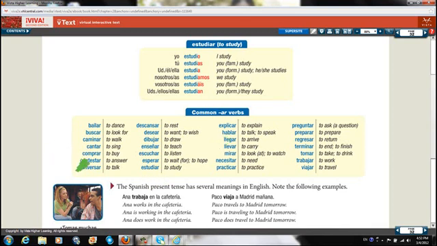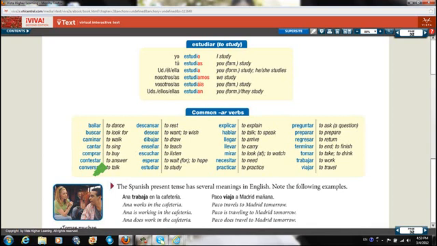So for now, let's just practice. How about you are talking or conversing with a friend. We want the tú and we want the AS ending. So we take off the AR. Tú conversas con un amigo. You're talking with is con, un amigo, a friend.